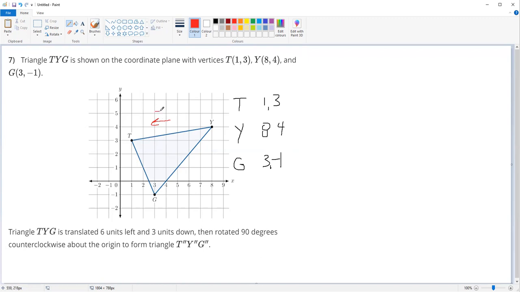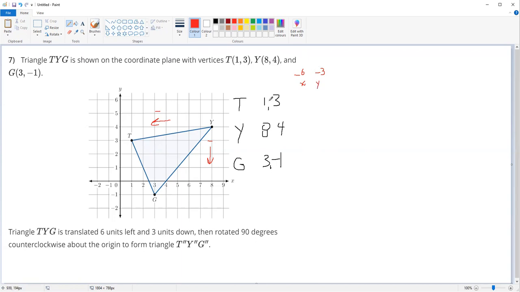Left is negative, right, so left is going to be -6, and then down is also negative. So -3. -3 for my y's. So that's going to be my new x's, my new y's.